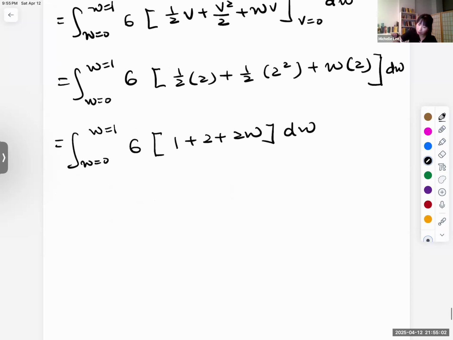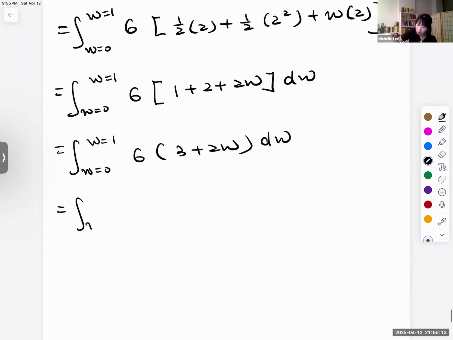Okay, now we have 6 times 3 plus 2w, integrate with respect to w. So we have 3w integrate, so 6 times 3w plus 2w squared over 2.